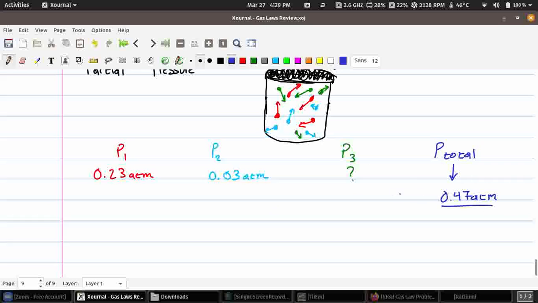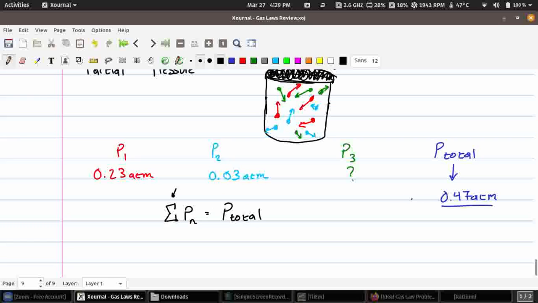So to solve this, essentially you're just looking at the relationship. This right here is equal to the sum of all of those. So this is called sigma. It means summation. Sum of P n equals P total.